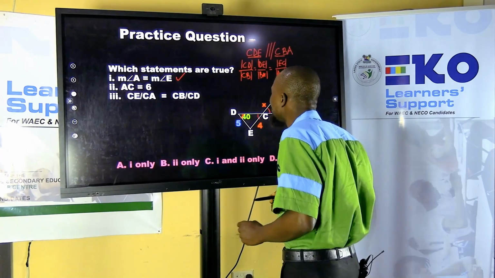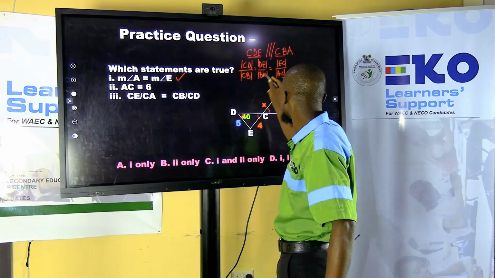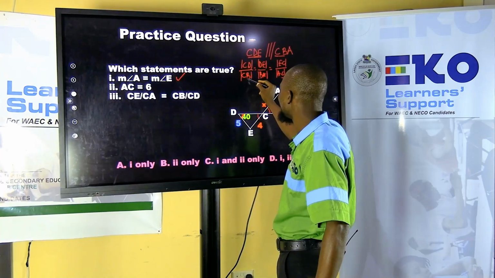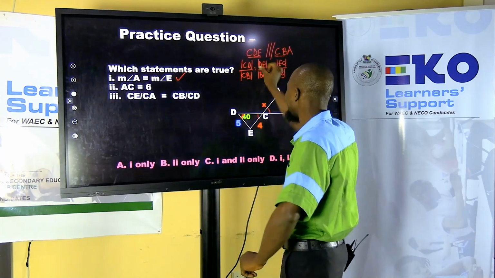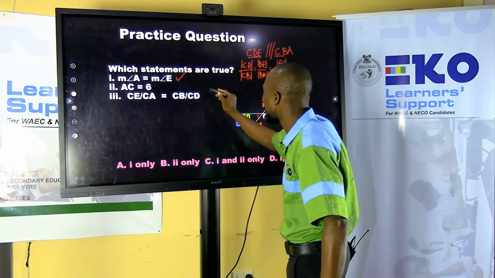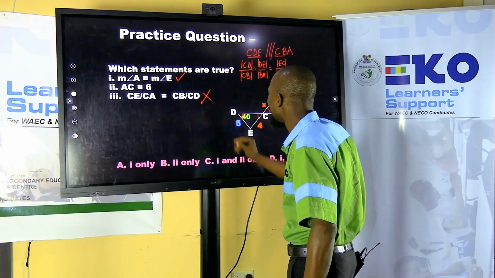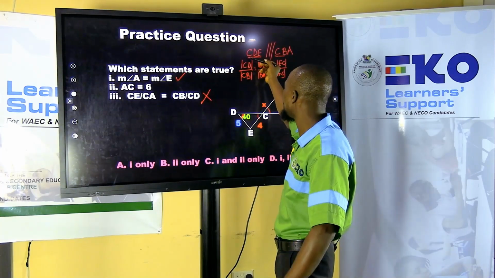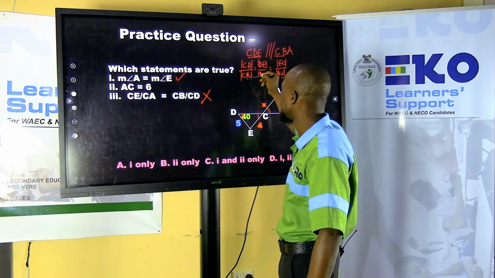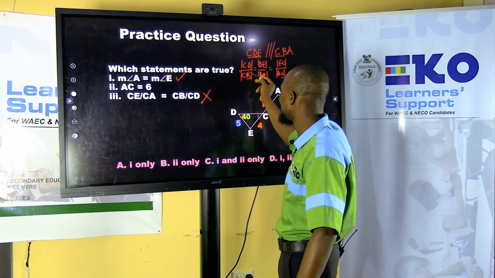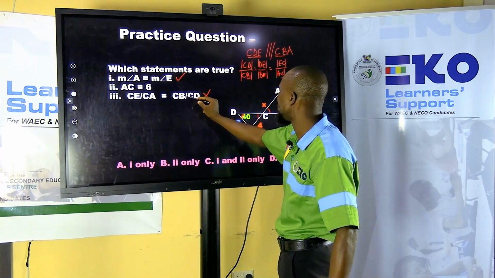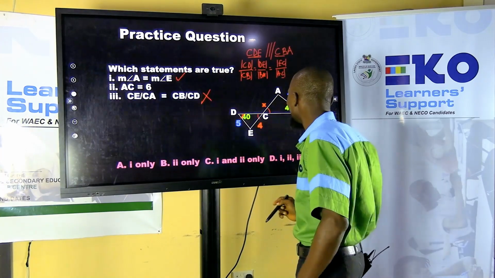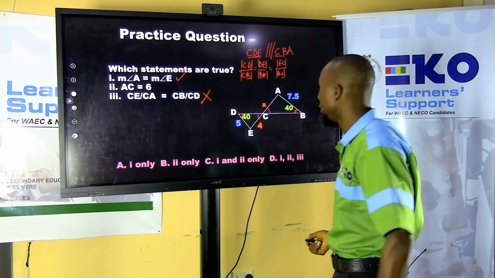Is it the same thing as CB to CD? No, the inverse. You can see it has been inverted, so that is why this is not correct. It would have been correct if it were CB over CD, not CD over CB. So this is wrong.